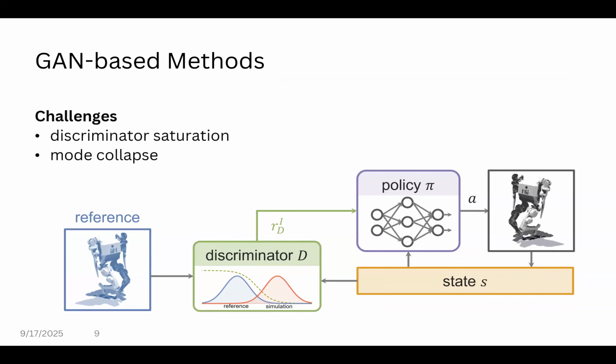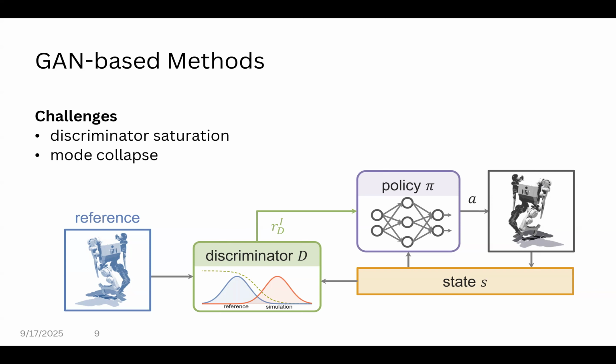But it comes with problems also. For anyone who has played with GANs or generative adversarial training, I wouldn't imagine you would say it's a pleasant thing to play with, because of the problems of GANs. The first thing I would call discriminator saturation. Imagine your reference motion is something very agile, very hard, like doing a backflip.